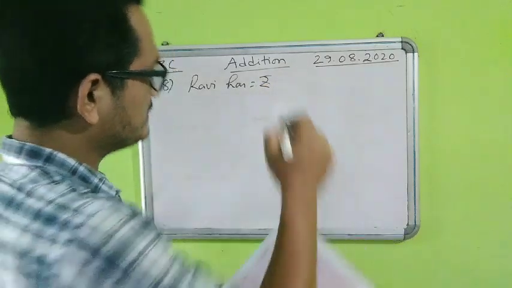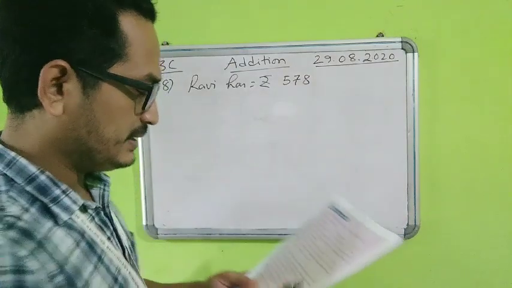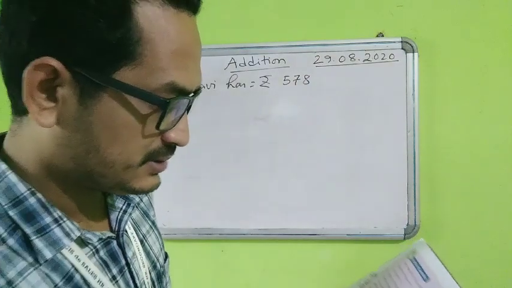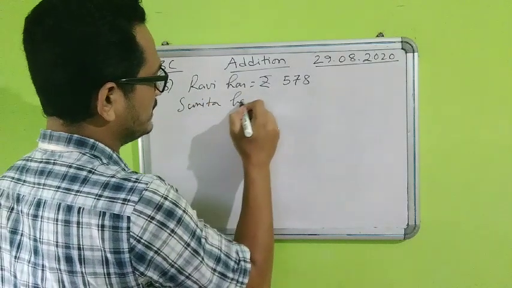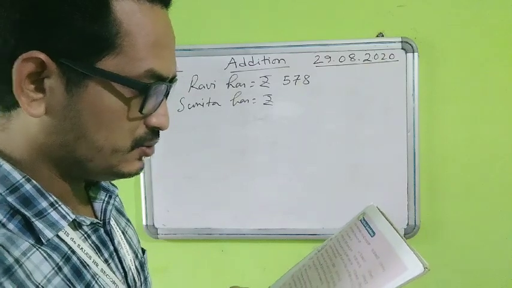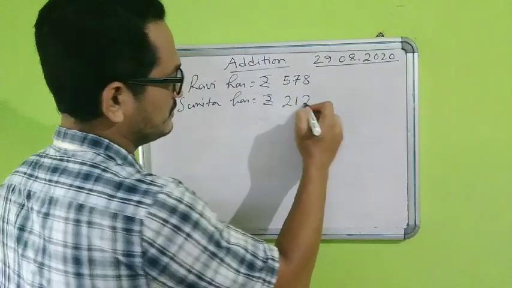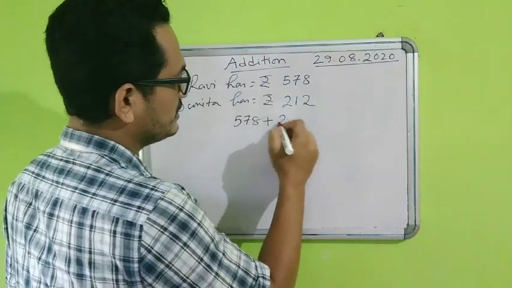That is 578. And let us write the other one also, that is Sunita has rupees 212.